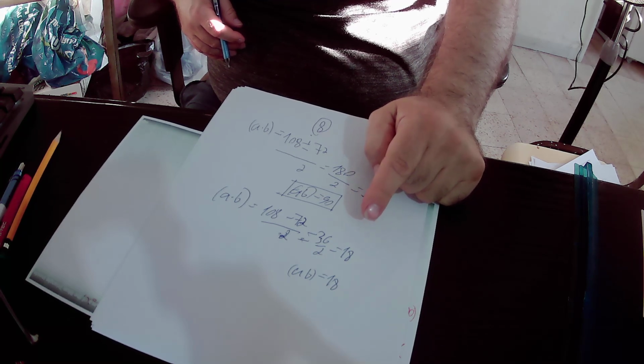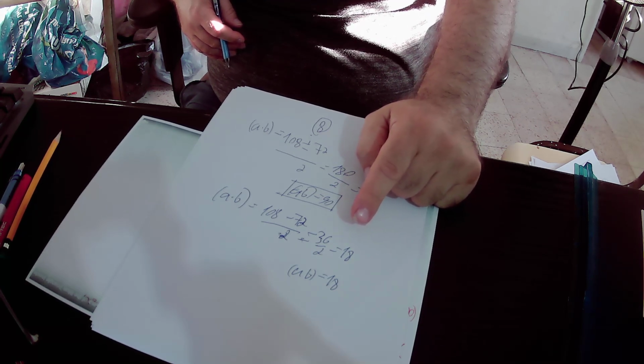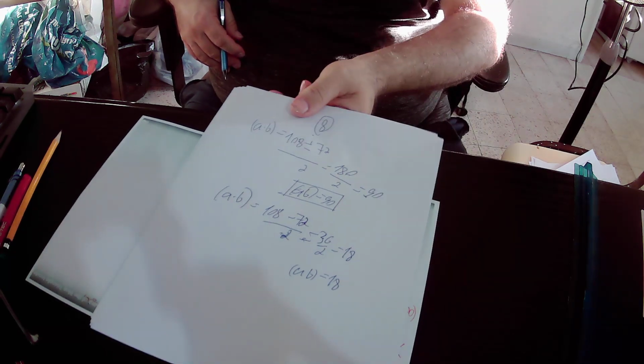So we got that in the second solution, a times b equals 18 units.